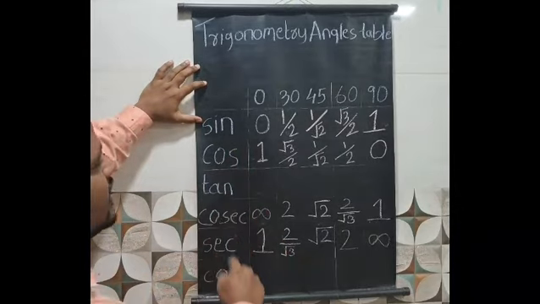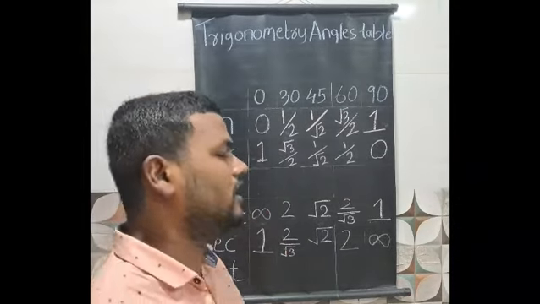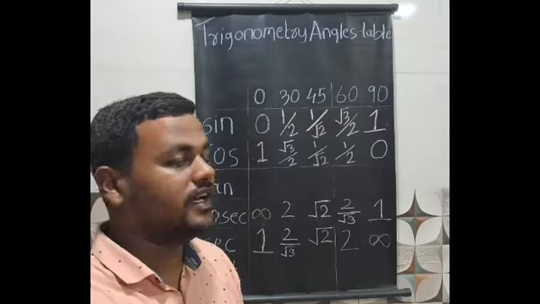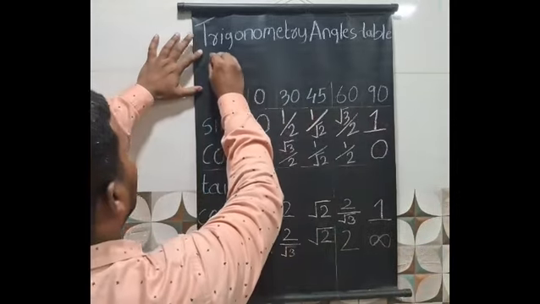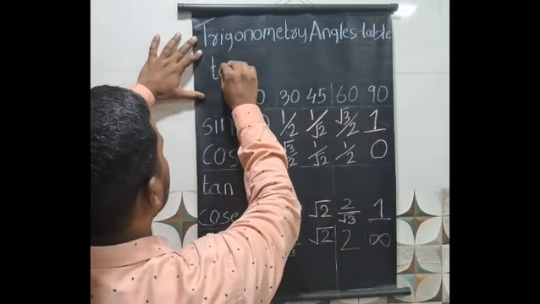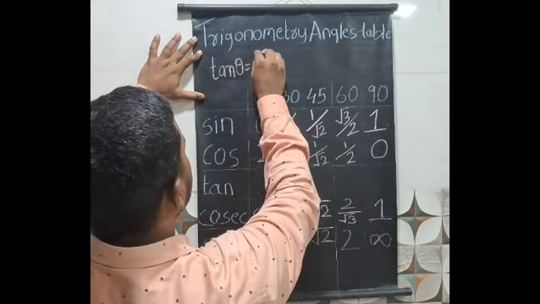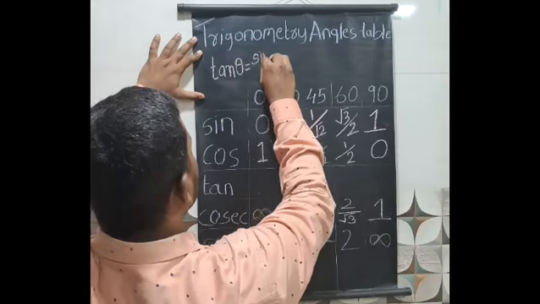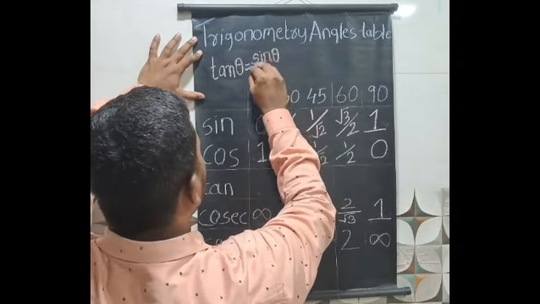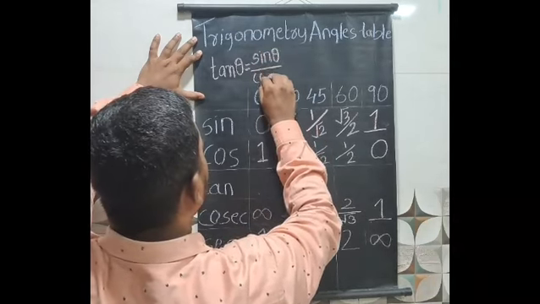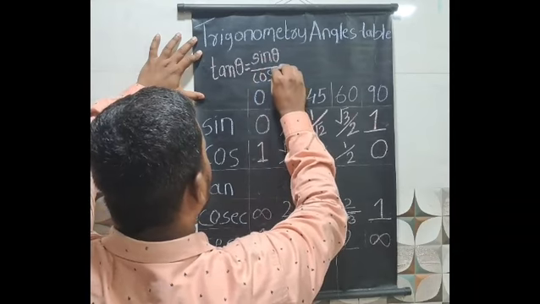First, tan. If you remember, we have already learned a formula in our previous videos: tan theta is sine theta upon cos theta.